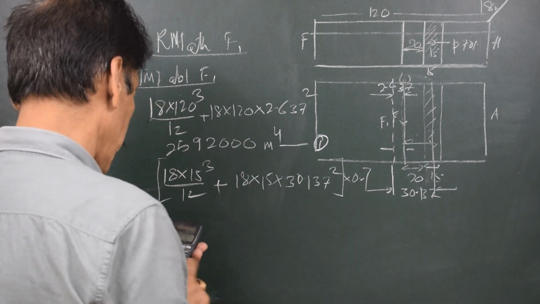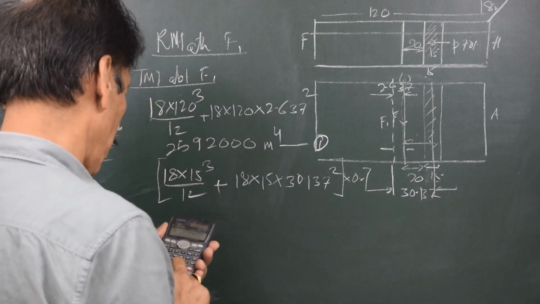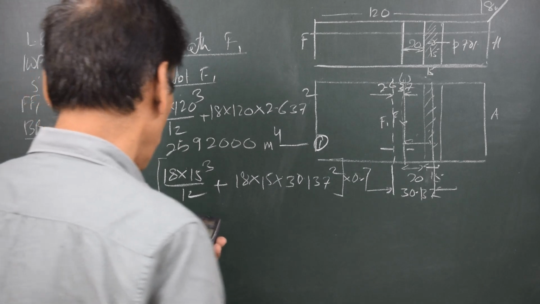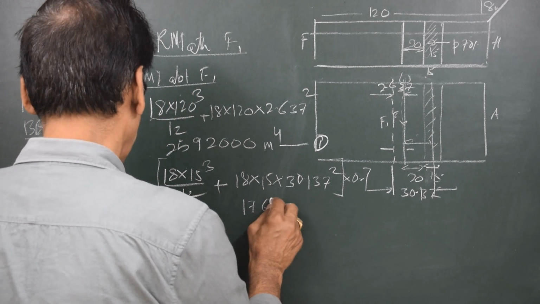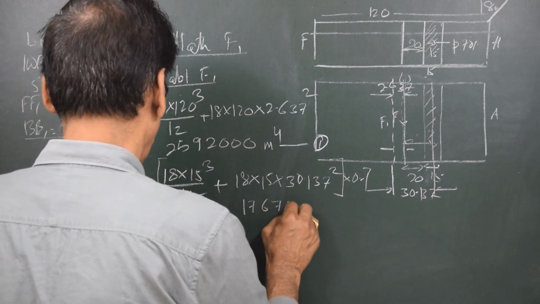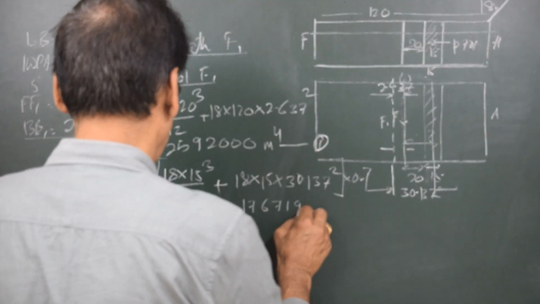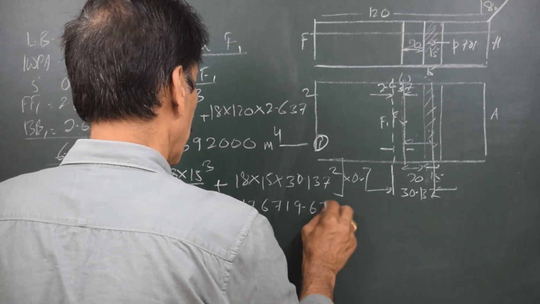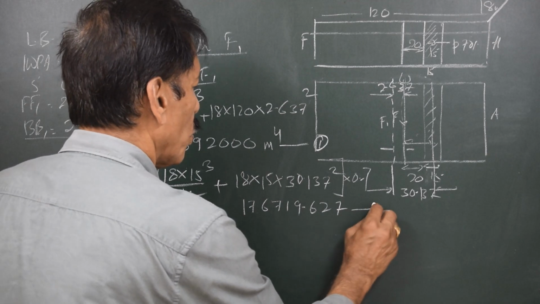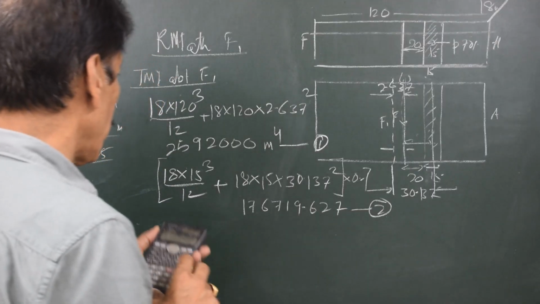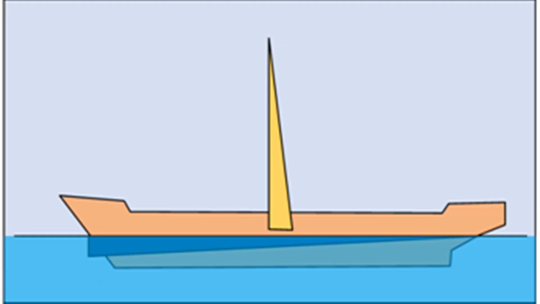Let's see how much it is. 18 into 0.7 gives me 176,719.627. Okay, so this is 2. Let us do 1 minus 2. So you get 2, 4.